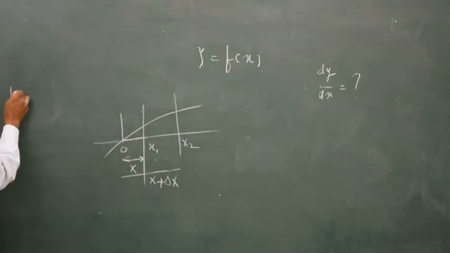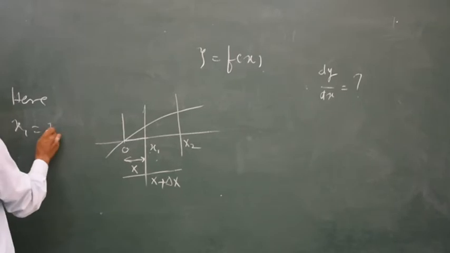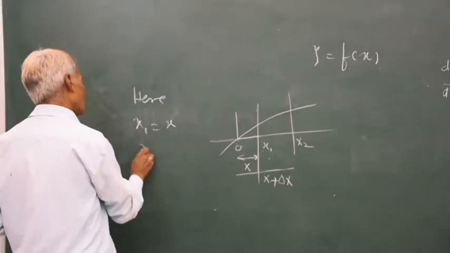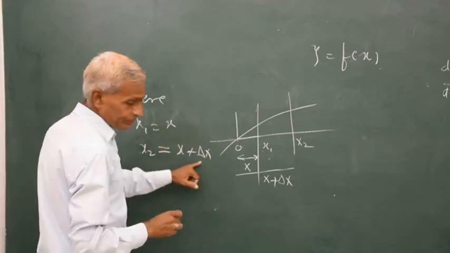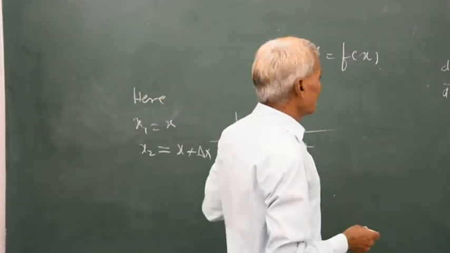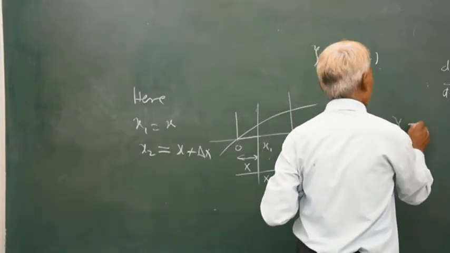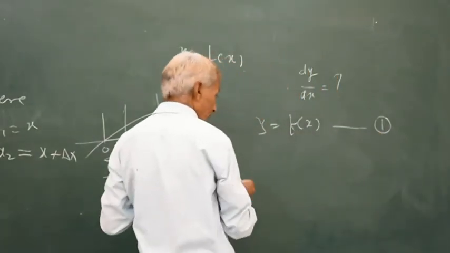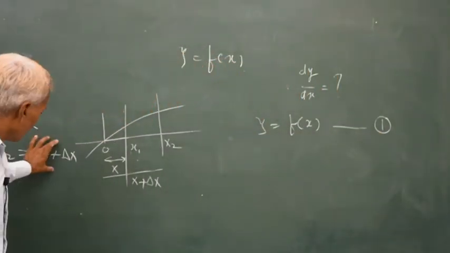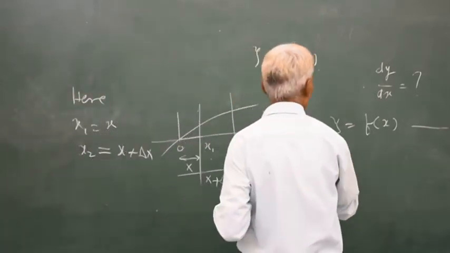So here x1 is equal to x and x2 is equal to x plus a small change in x. When we feed x in this function, we get y is equal to f(x). Suppose this is equation number 1. When x changes to x plus dx, y changes to y plus dy.